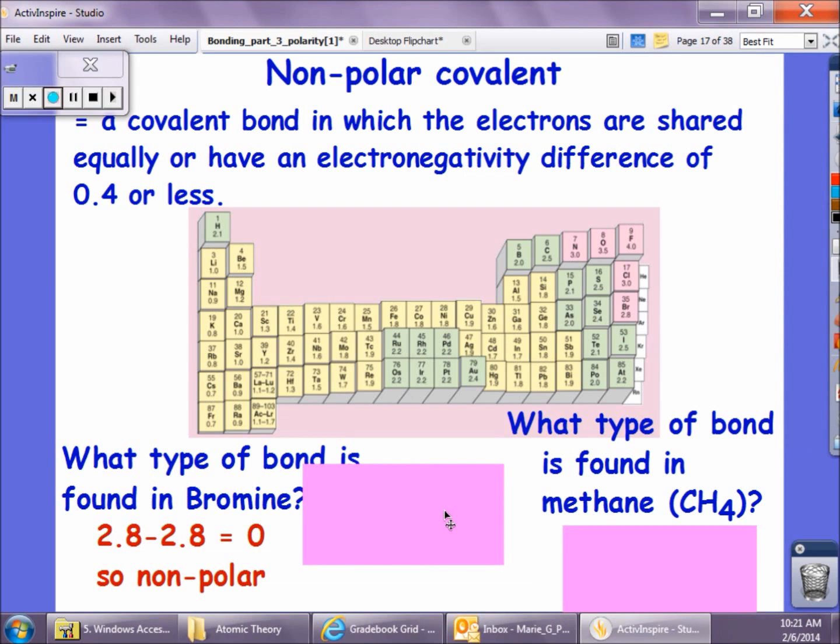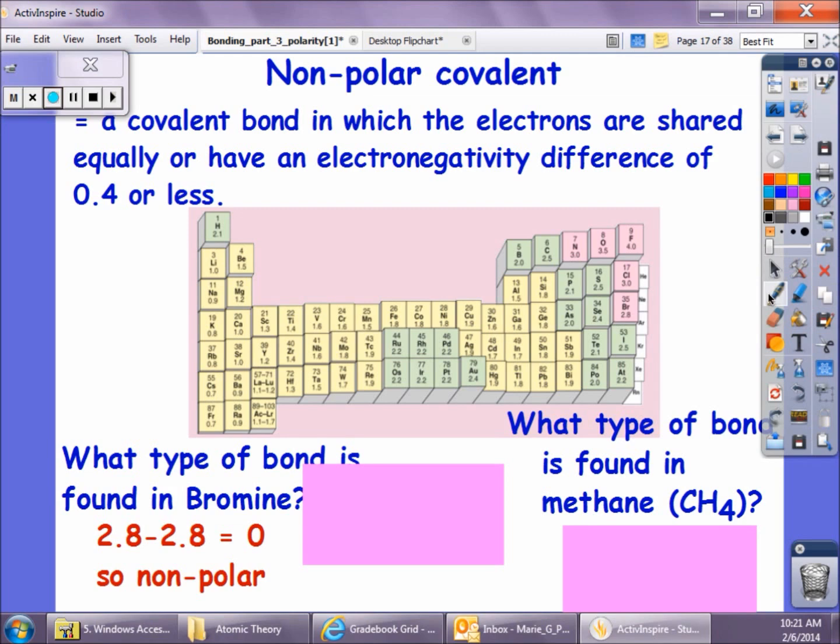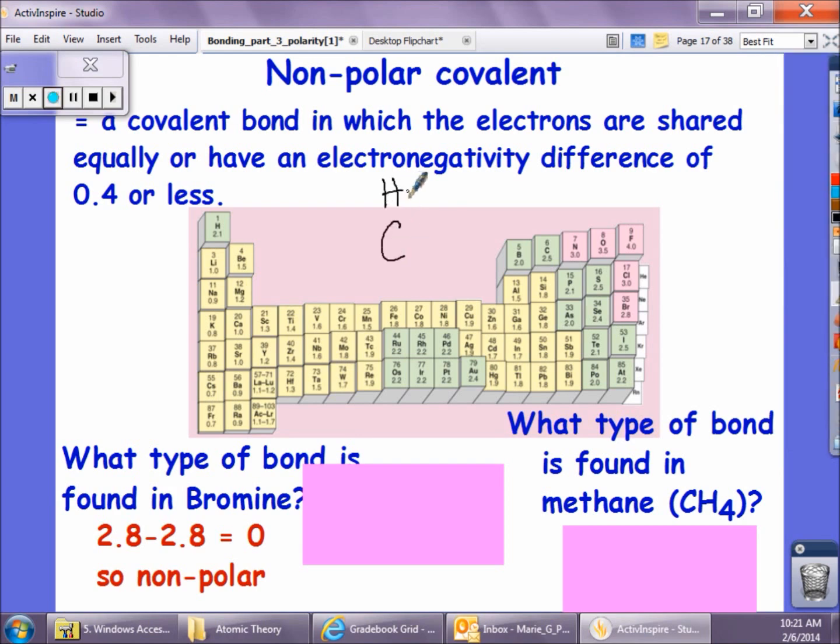So it is non-polar. Now quickly check for me the difference in electronegativity between the bonds in CH4. If I draw the CH4 bond, which one would be the central atom? It is carbon. Okay, so I have carbon, and hydrogen, hydrogen, hydrogen, hydrogen, and I connect them.